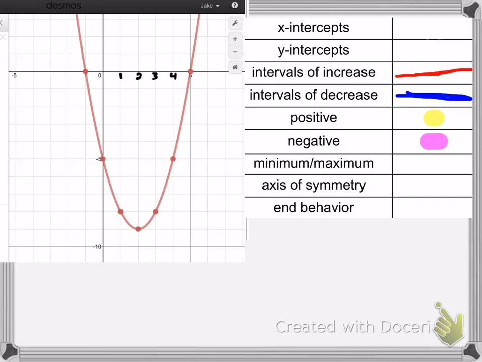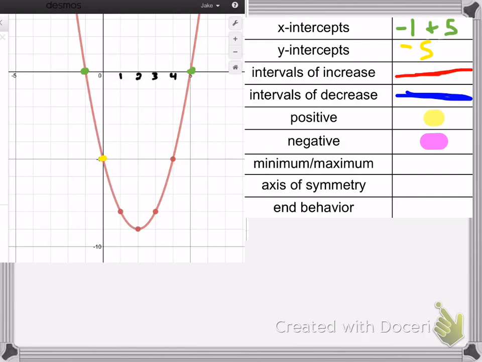Last, let's look at characteristics. Our x-intercepts are here at -1 and 5. Our y-intercept is down here at -5. For the intervals of increase or decrease, we're just going to look at how we're going to shade our graphs.